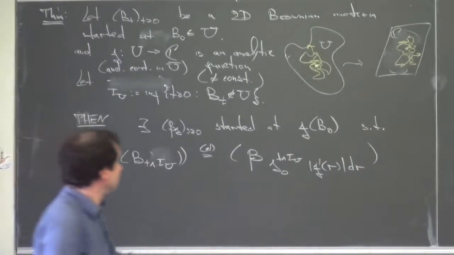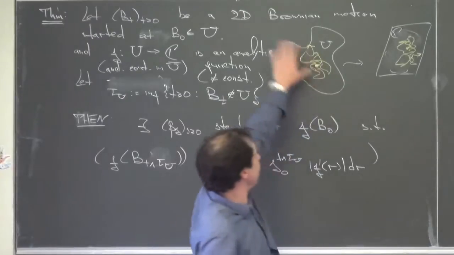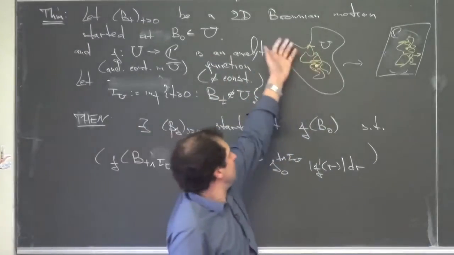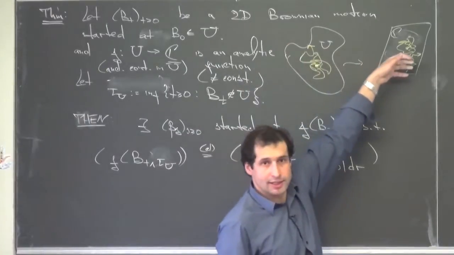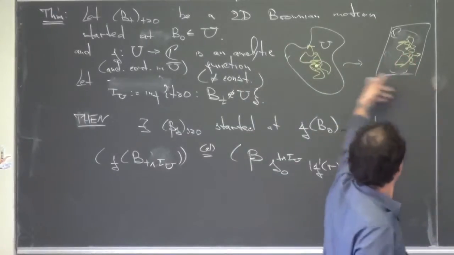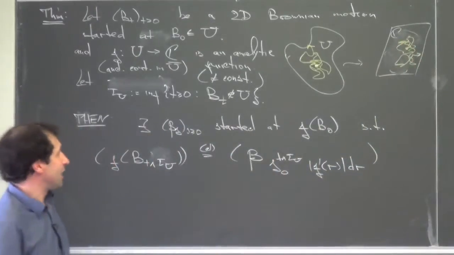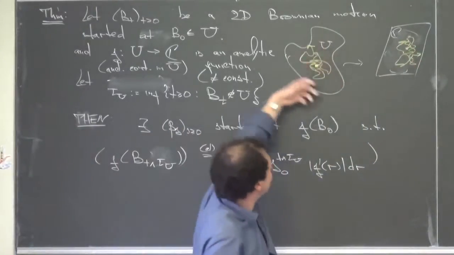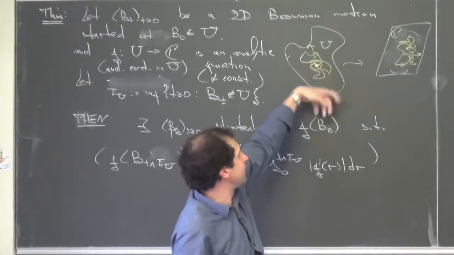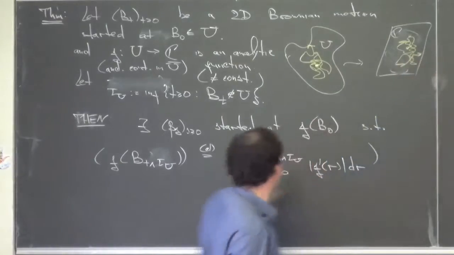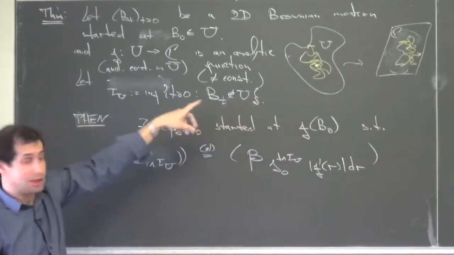Is it clear what's going on? I just take any domain in the left plane, take any analytic function, think about the image in the right plane, and what I'm saying is that until the left-hand side is well defined, I see some trajectory of another Brownian motion in the right-hand plane.